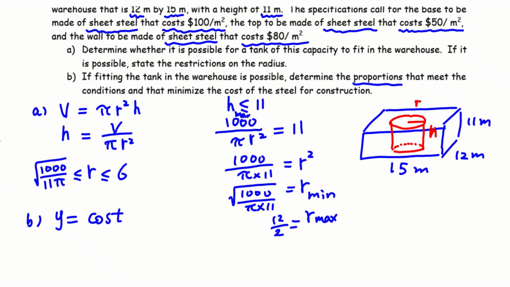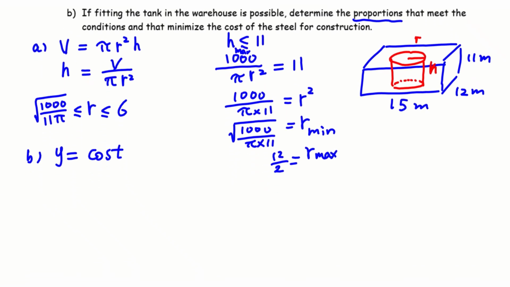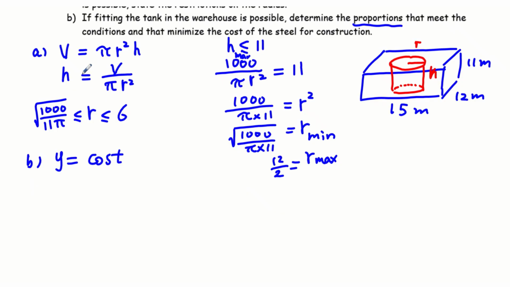So we are going to write y equals, the reason why we want to write h equals is because in the cost equation, we want to keep only one input. So we want to change everything to h or everything to r.